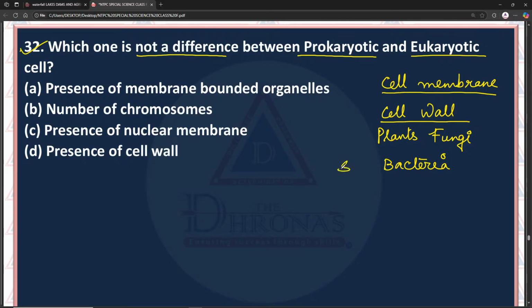Bacteria में cell wall होते हैं. So cell wall cannot be the factor through which we can differentiate prokaryote and eukaryote. So presence of cell wall is not a difference between prokaryotic and eukaryotic cell. बाकी जो है membrane bound organelle, chromosome, nuclear membrane, so these are the properties of eukaryotes.